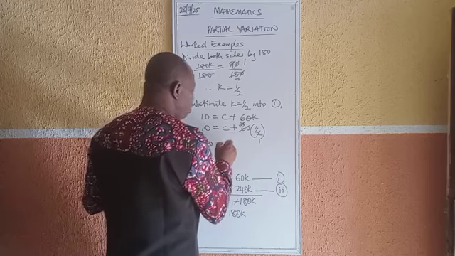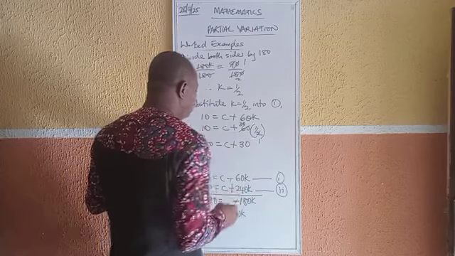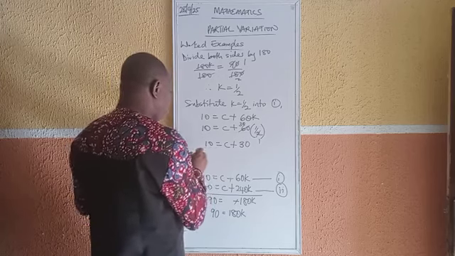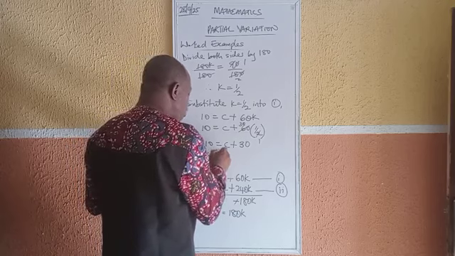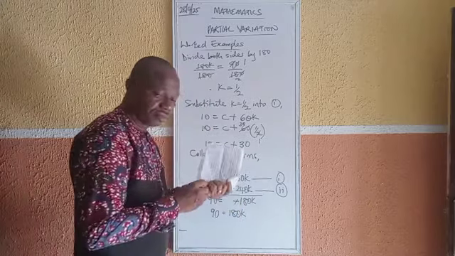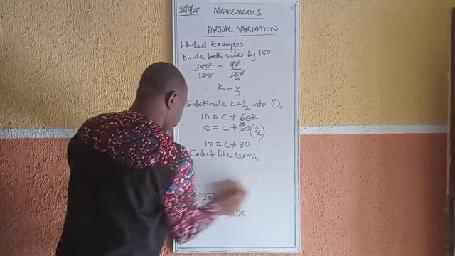That becomes 10 equals c plus 30. So if we collect like terms, not CLT, write it in full. Collect like terms.